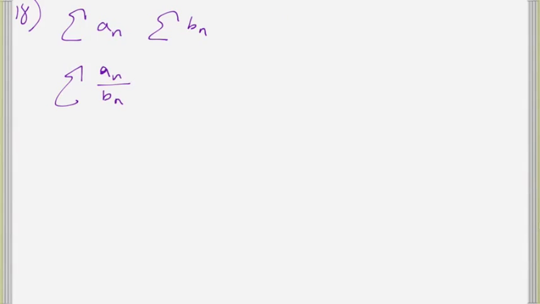If I let a sub n be 1/2 to the n, that would converge, right? A half times a half times a half times a half, they're going to get smaller. It's going to converge, right? That's geometric. If I let b sub n be 1/3 to the n, that's going to converge, right? A third times a third times a third, they're getting smaller. It's going to converge for our geometric.